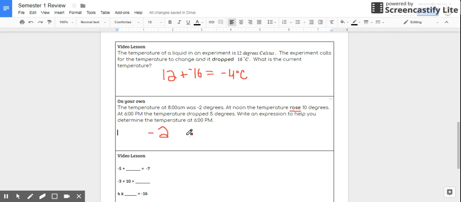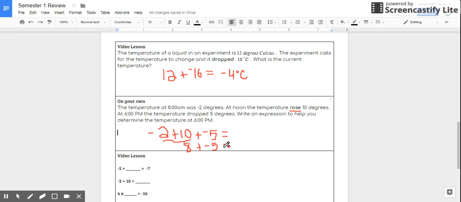So this expression actually has 3 terms. So we're going to do it step by step. -2 plus 10, if you add these two together, that should be a positive 8, and then a positive 8 plus a negative 5. You should have selected positive 3 degrees for your answer. Okay, moving on to the next one.